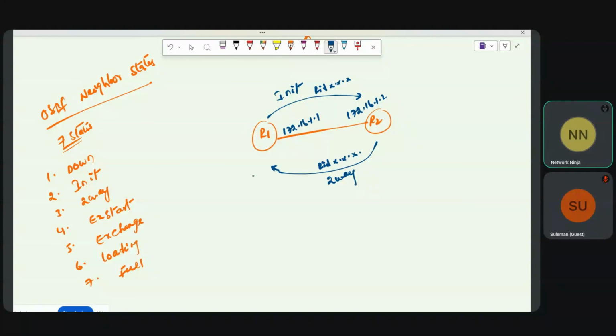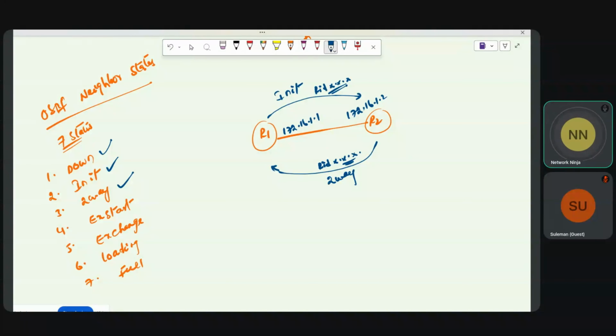Till here, the two-way is completed. The very first thing, it is in down state. Then router 1 is going to send the first message, which is an init message, and it is going to share its router ID. To respond to that, router 2 is going to share its router ID in the two-way state, so that both the routers form the two-way state in this hello message.